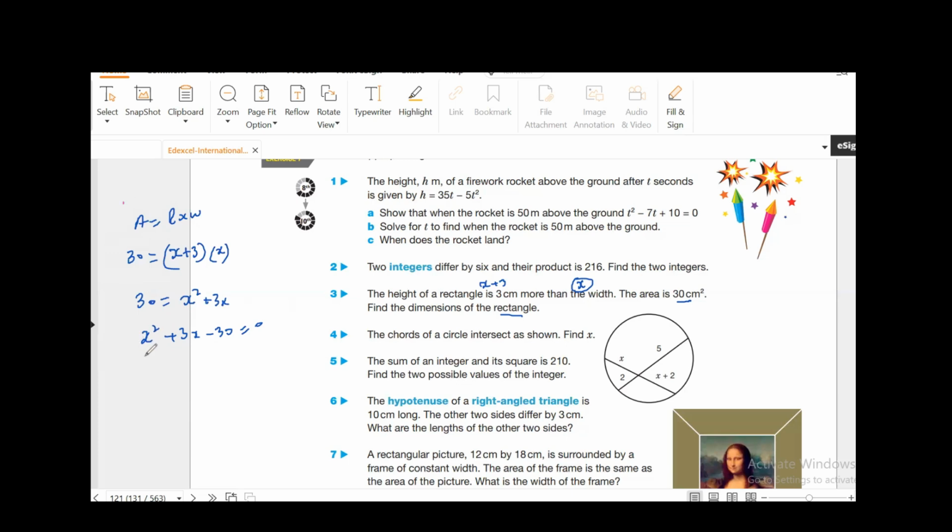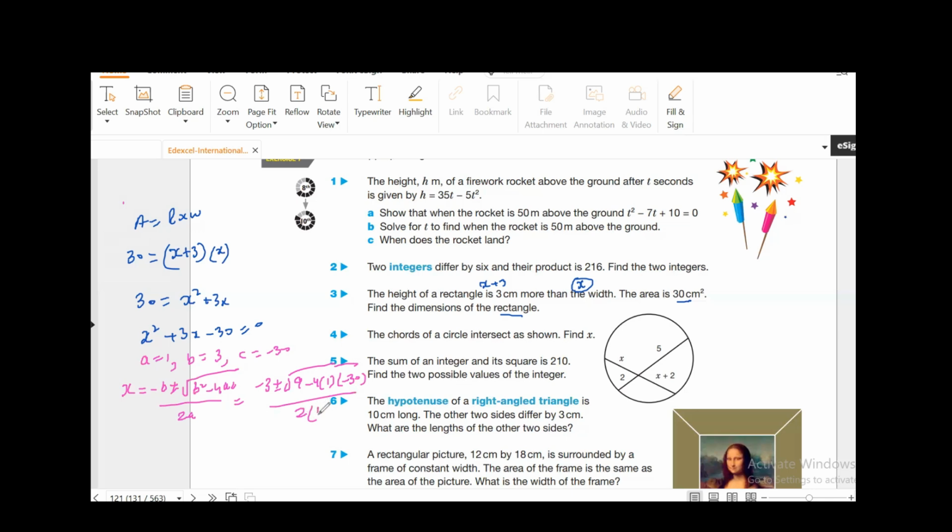And here for quadratic, you must know what A is equal to, B is equal to, C is equal to, and then we can apply the quadratic formula, which is minus B plus minus square root of B square minus 4AC over 2A. So if I replace the values of A, B, C here, we have negative 3 plus minus square root of B square means 3 threes are 9, minus 4 times A, A is 1 and C is negative 30, over 2A.